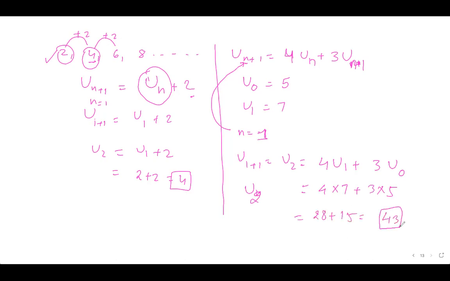So you got u2. Similarly, if I wanted to get u3, I'm going to take n as 2. So u(2+1), which is u3, is going to be 4u2 plus 3u1, since n as 2 you have taken. 4u2 is nothing but 4 times 43, and u1 is your 7.